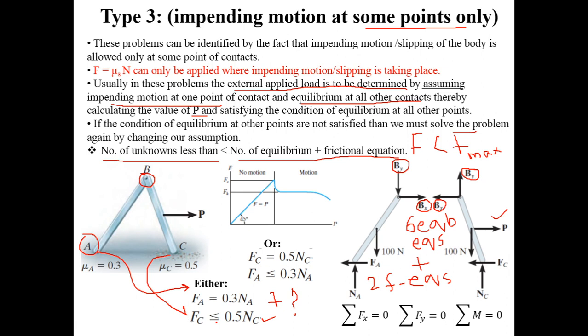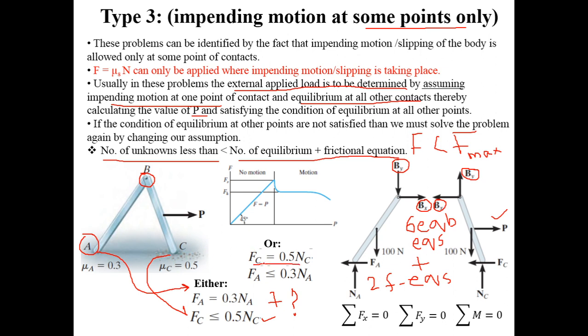But in case this FC comes out to be larger than this value, 0.5 NC, this means that your initial assumption is wrong, and now you have to change your assumption. You have to assume that C will slip.